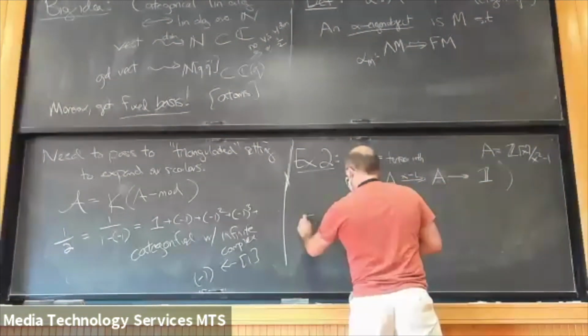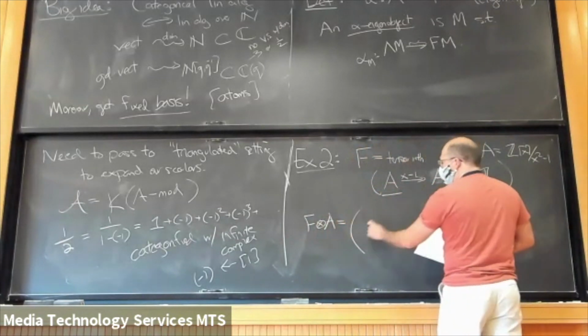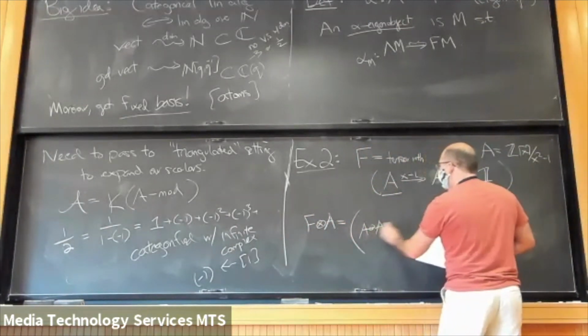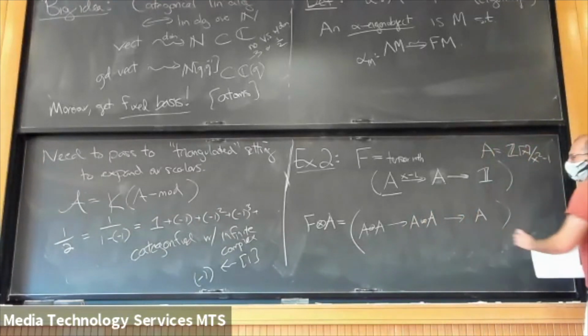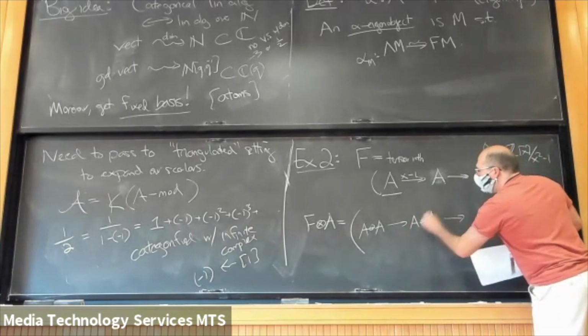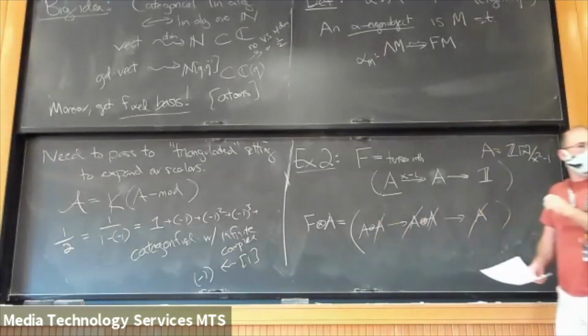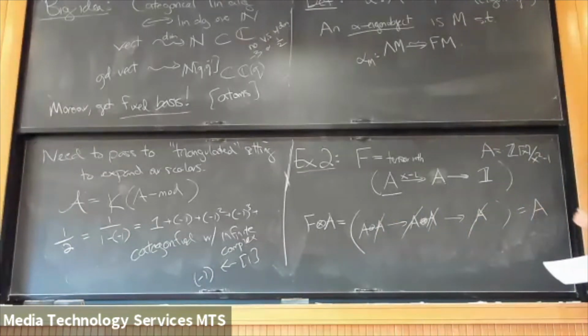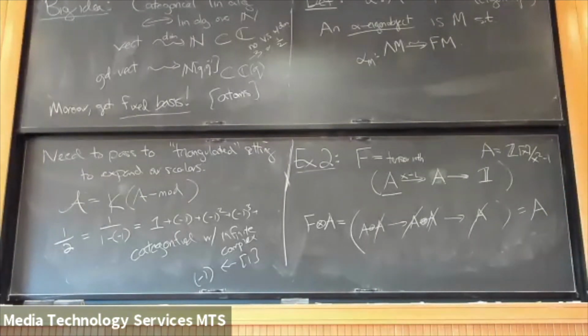So if I take F tensor A, I already told you that A tensor A was twice A. And A tensor A is twice A, and the identity tensor A is once A. And magically a bunch of stuff cancels in this complex up to homotopy, and you just get A. So this is an example of a weak eigenobject.